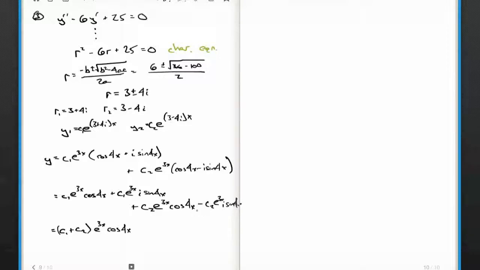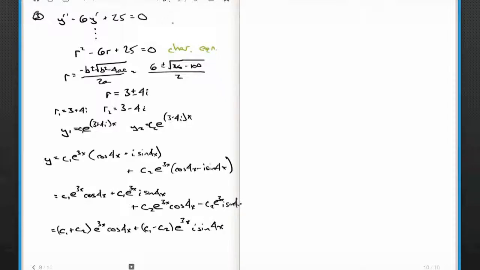And then we'll collect these two here. The sine terms are C1 minus C2 times e to the 3x i sine of 4x.